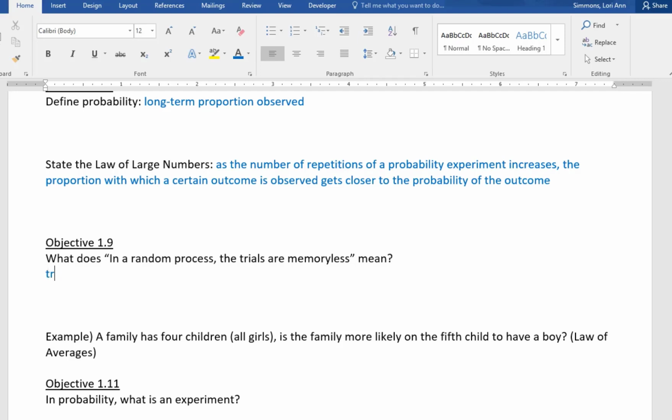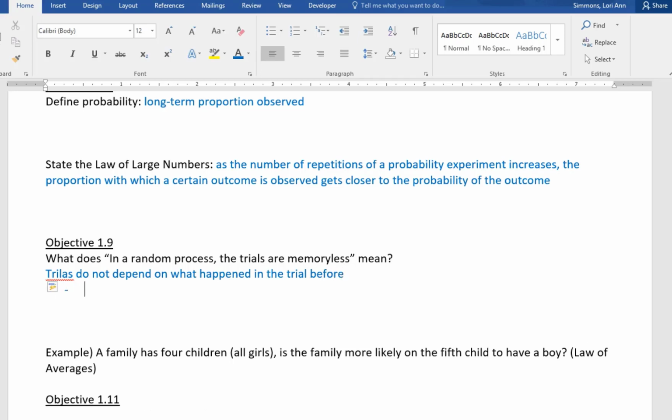So trials do not depend on what happened in the trial before. So you flip 5 heads in a row, you still have a 50% chance of getting heads on the 6th flip.